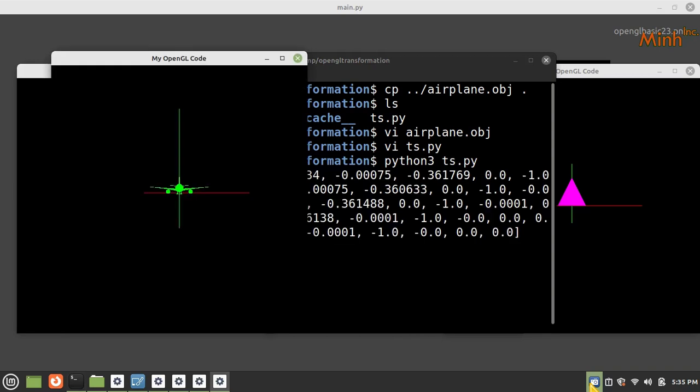So Mr. Aeroplane has arrived and we can see where it is. The aeroplane is on the Z axis and its nose is at the origin and its up direction is the Y axis, and the left and right wings are along the X axis.